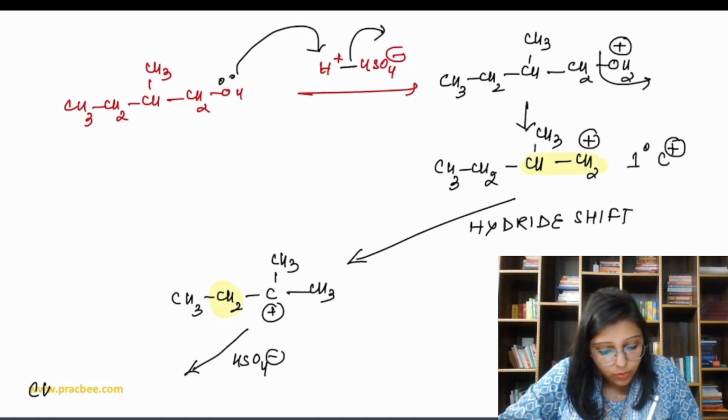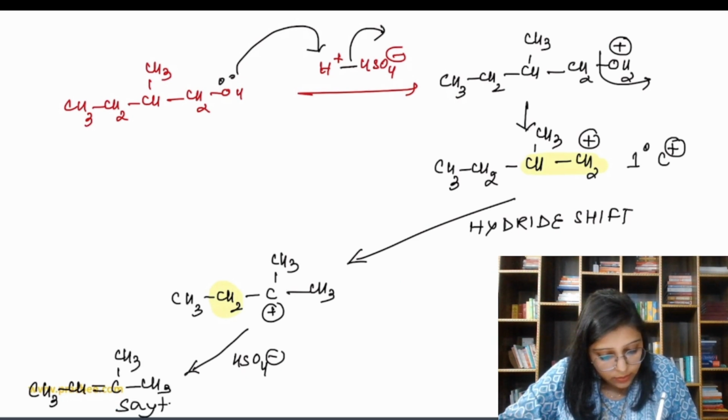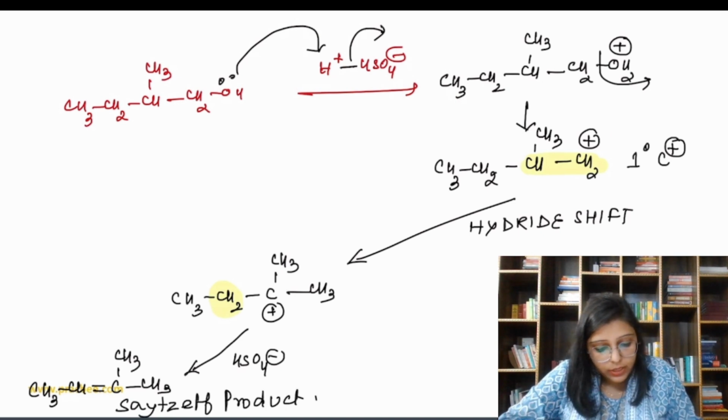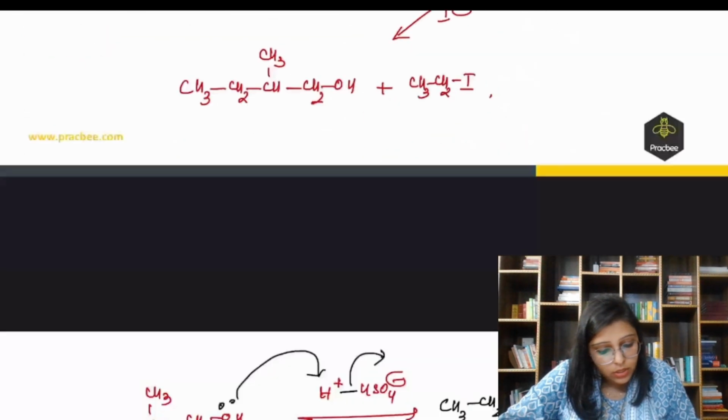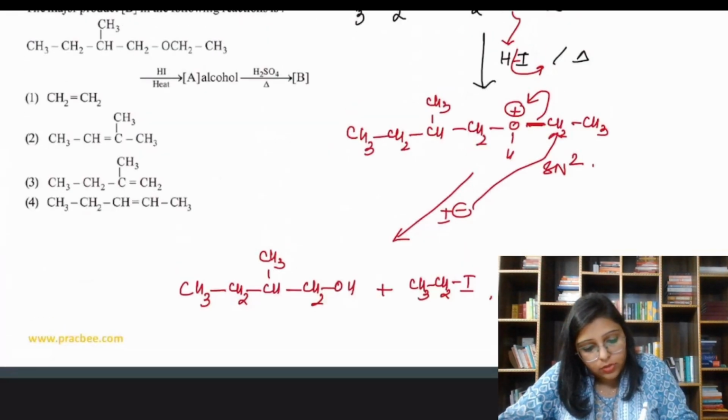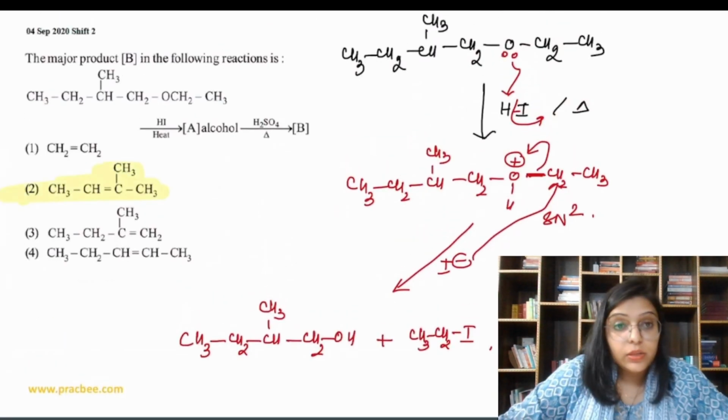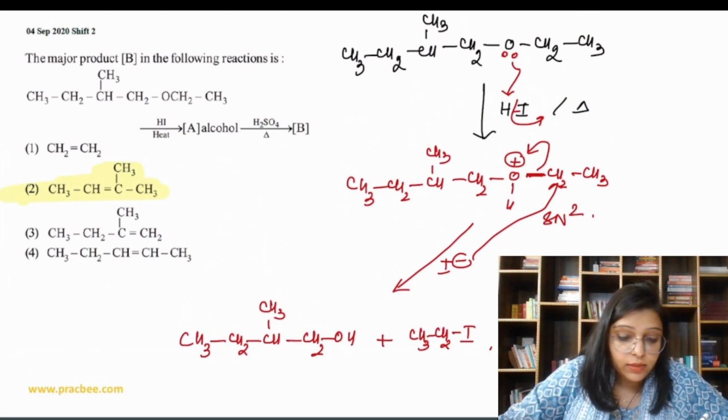We have to remove the yellow one to get the Saytzeff product. So what is the answer? CH3 CH double bond C CH3. So this is going to be the correct answer.